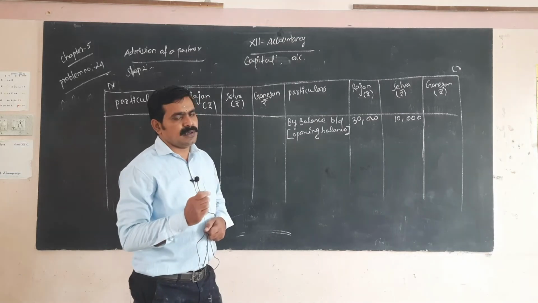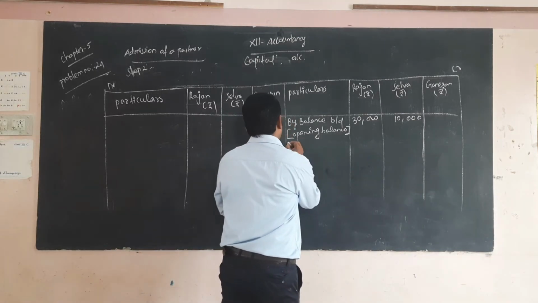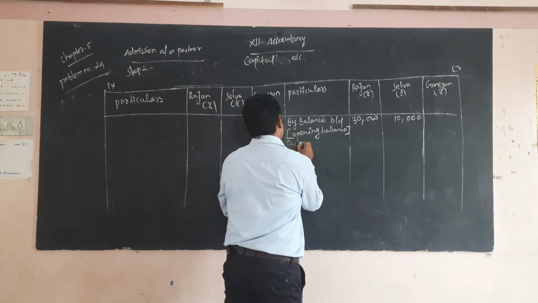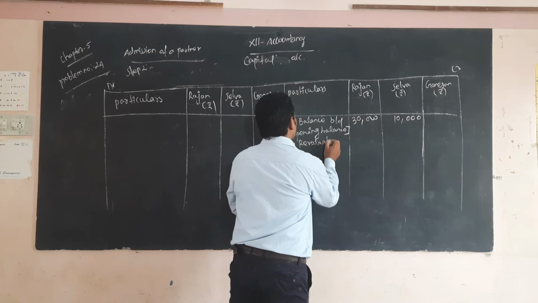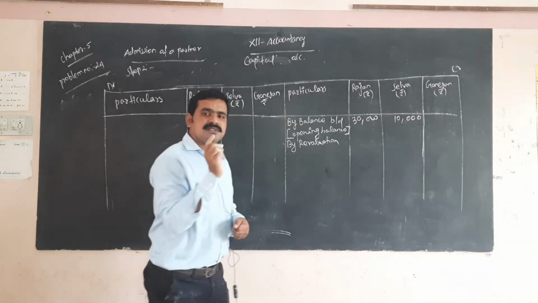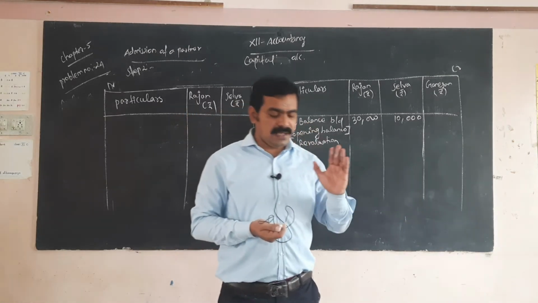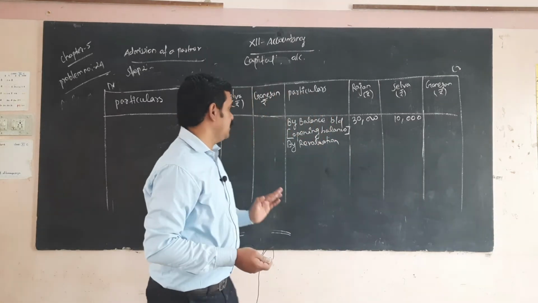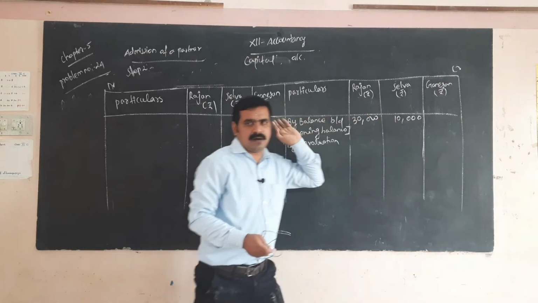Next, what is the important thing? By revaluation profit. What is the amount of revaluation profit? 1,575 for Rajan, 525 for Selva.